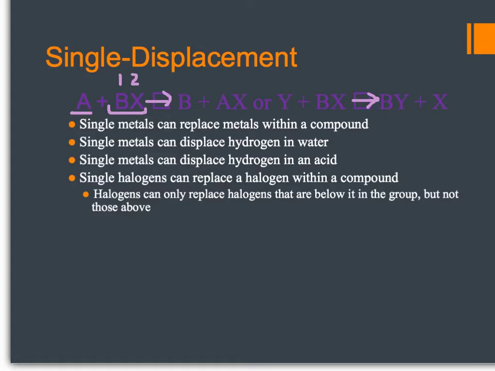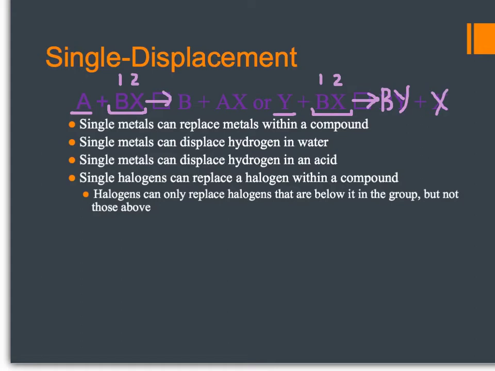In this second example, there's an anion doing the replacing. So we have Y over here, and it is taking the place of X, which is the second element in the compound, so it must be an anion. And then when the reaction takes place, we have a new anion in the compound, and we have a single anion off on its own. So very often, we will have metals involved in these reactions.